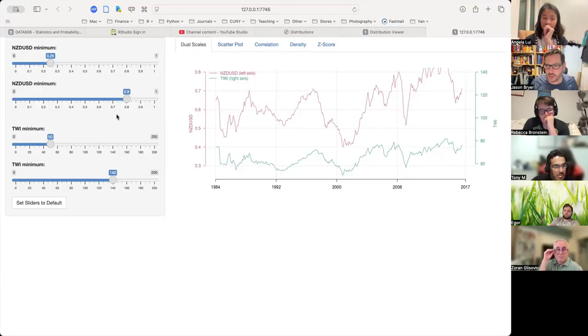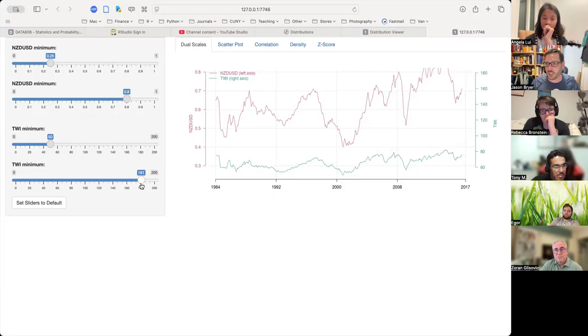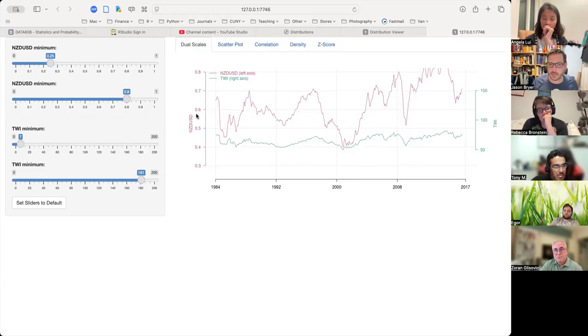And what this Shiny app is trying to show is that I, as a graphic designer, can change the range of the y-axis such that if I published this, I might be able to make the argument that the red line, the exchange rate, is very volatile, but the trade volume is pretty constant, right?